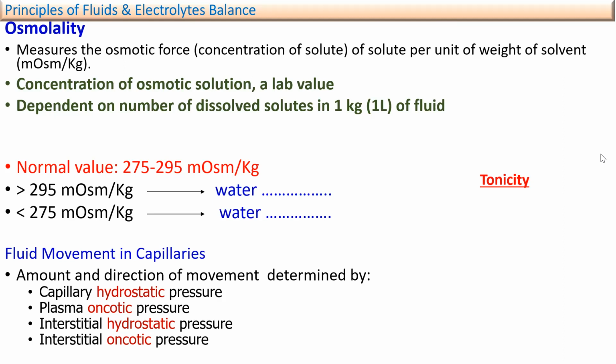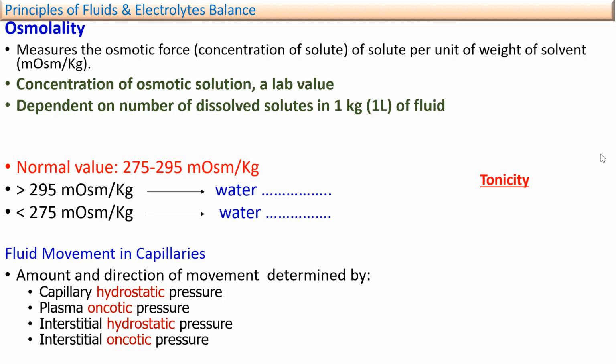The normal value of the osmolality in the blood ranges from 275 up to 295. When the plasma osmolality drops lower than 275, the plasma is diluted, which means there is a lot of water there, so it's an indication of water excess or water overload.